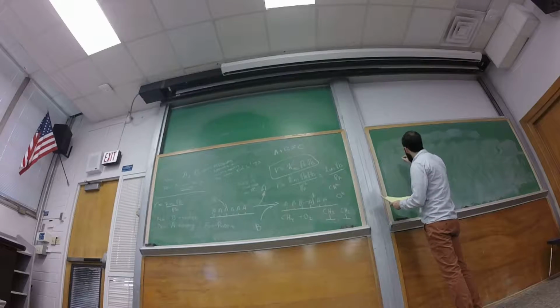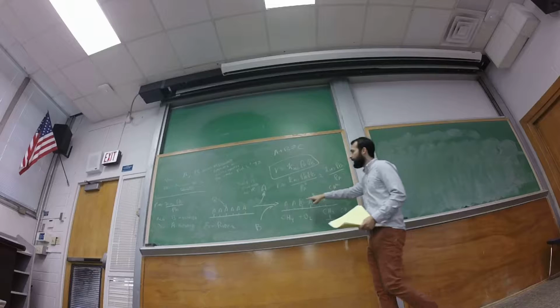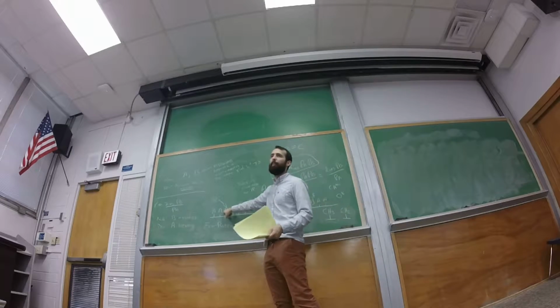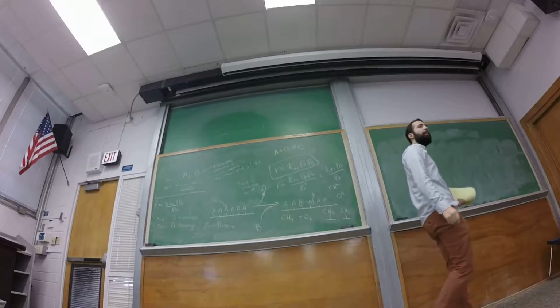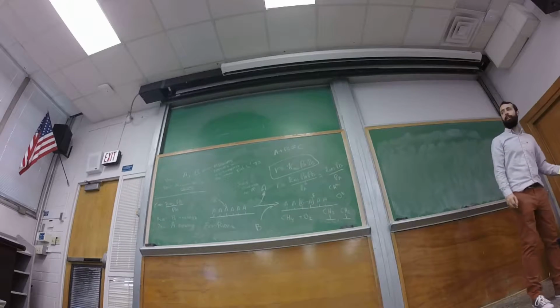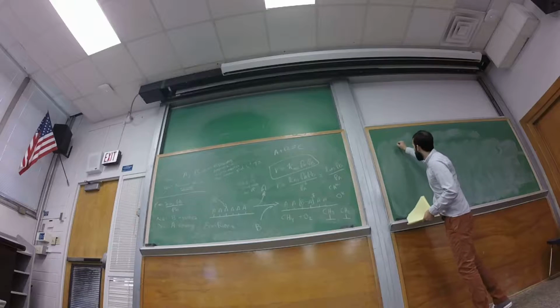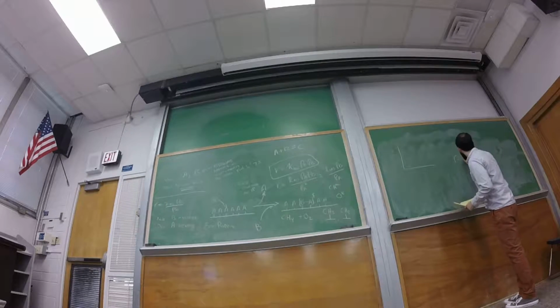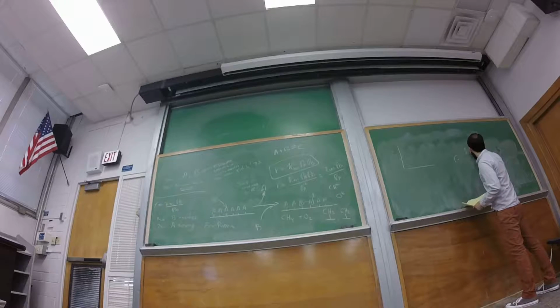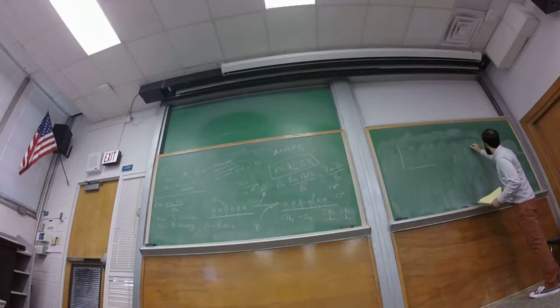Okay, so the other thing that I want to mention is we kind of took extreme cases, right? We thought about what happens if it's covered in A, what happens if it's covered in C, what happens if the surface is bare. So instead, let's just look at the rate over the entire range. And so again, the rate was equal to some rate constant, which I'm just going to put a prime here because there's a few things in it, PA, PB.